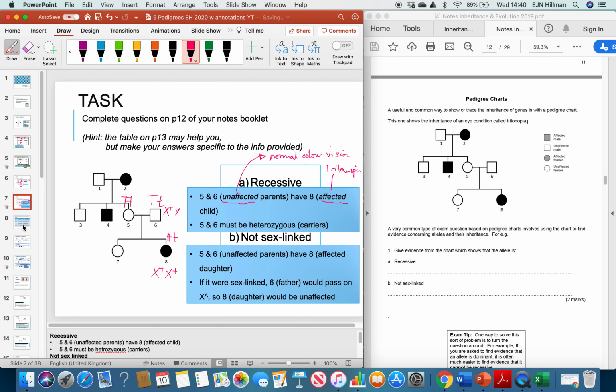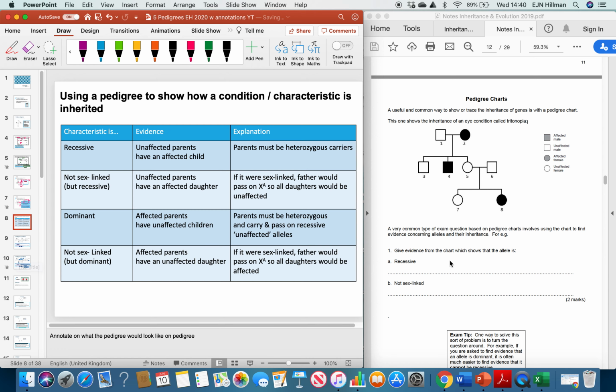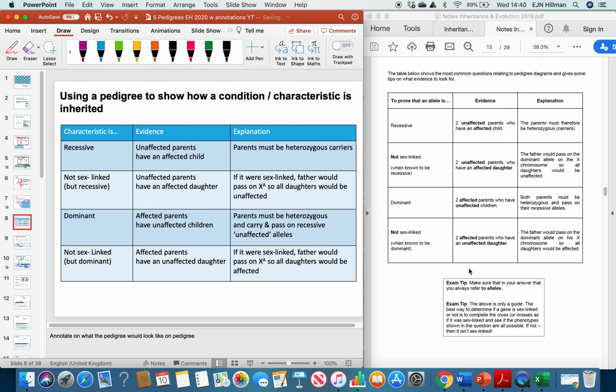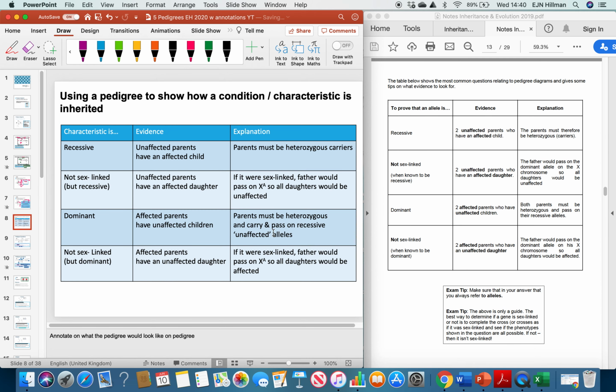Okay, now there's a really helpful table in your notes. If you can learn this table, these are the evidence. So remember I said if it asks to give evidence, you give the numbers of the unaffected parents and the number of the affected child, just like we did above.